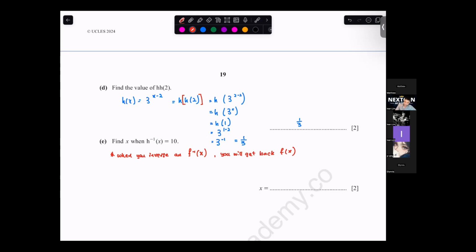So how to do this here, you inverse this and bring it over here. So you can find x equals h(10). This is how you do it. You don't have to go and find what h inverse x is. Then you just substitute 3 to the power of 10 minus 2, which is 3 to the power of 8, which equals 6561.